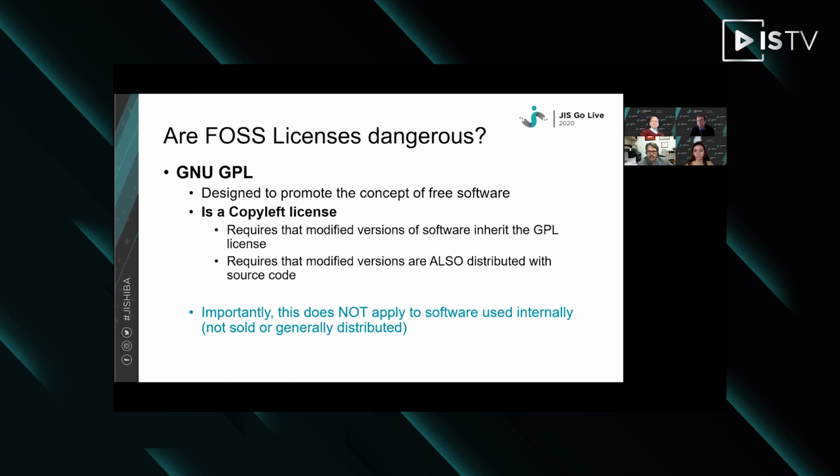The whole point is that if you copyleft your software, put it under the GPL, derivatives of that software can't be made closed source or unfree. Importantly, though, for organizations, this does not apply to software used internally. So the good news is that if you're not going to sell or generally distribute the software, you do not have this inherent need to give away the source code. Internally used software does not need to be shared with the world.